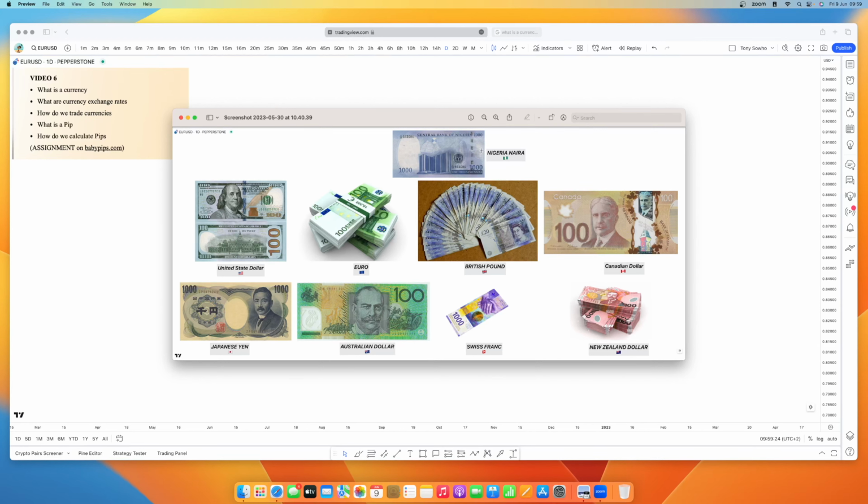So the economic activities affect the exchange rate, and the exchange rate determines our profit or loss from the market. Can you see it now?